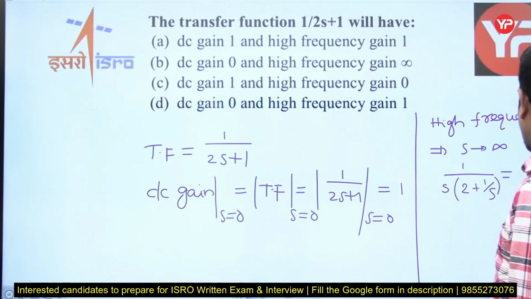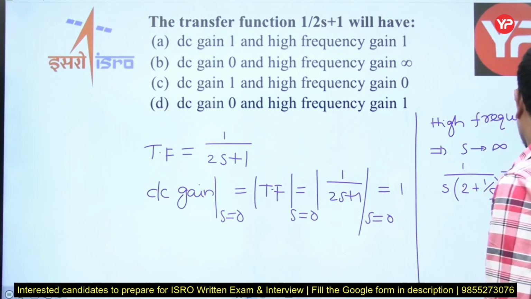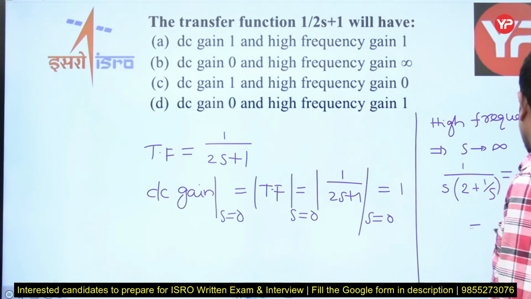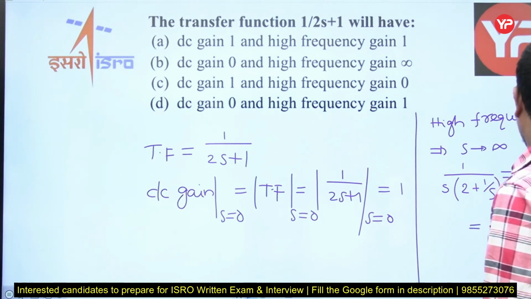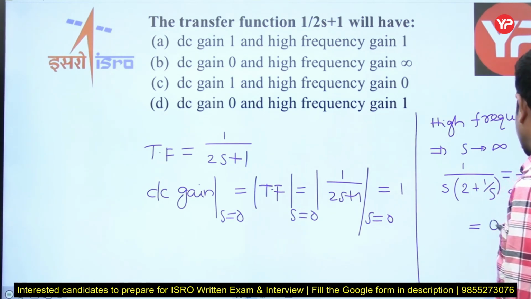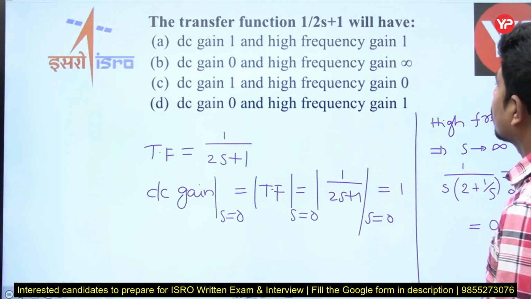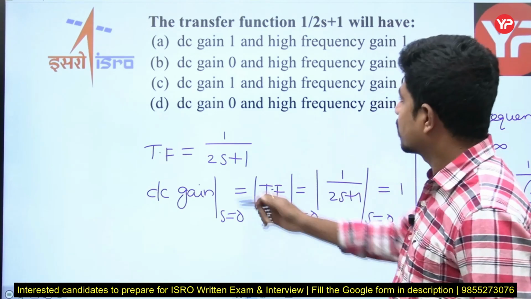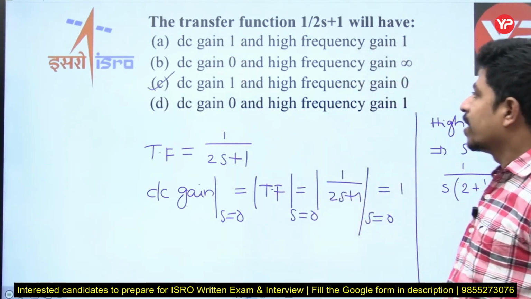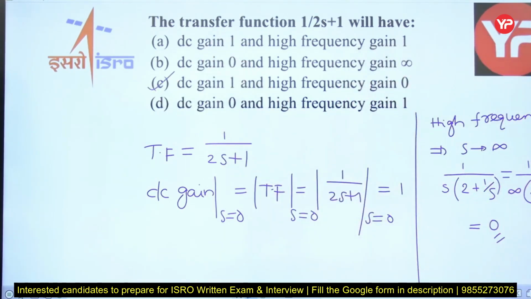Now 1 by infinite into (2 plus 1 by infinite). 1 by infinite is 0, 1 by infinite is also 0, right? Yes, answer is 0. 1 and 0 please. Yes, option is C for Chennai. DC gain is 1 and high frequency gain is 0.